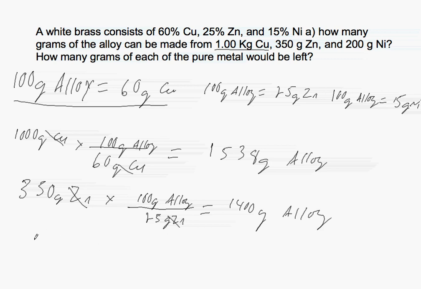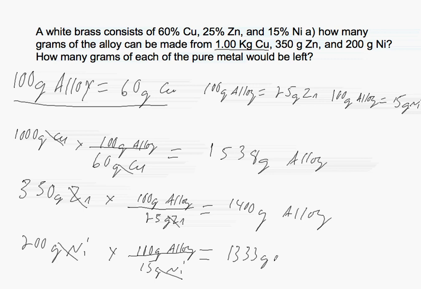If we do our next one, we have 200 grams of nickel. Multiply this by our relationship. We know that for every 100 grams of alloy, we have 15 grams of nickel. Grams of nickel cancel out, and our answer is 1,333 grams of alloy.